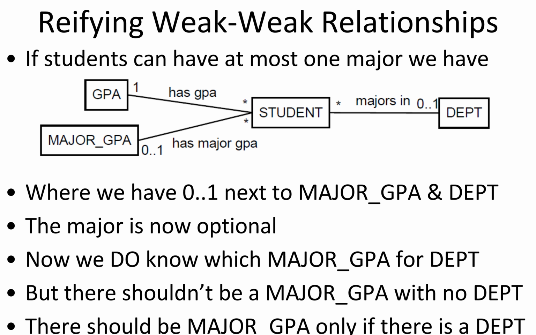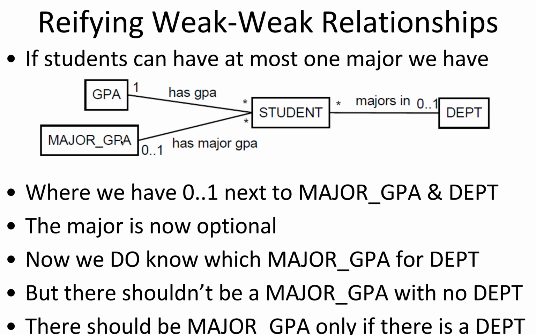Only if you are enrolled are we keeping track of the statistics about you. So the department now becomes optional, a 0 or 1 over here, where if you're not enrolled in a department, then there's 0. There's no record for that department for you, and so there shouldn't be a major GPA for you either. So we would like to be able to enforce that.